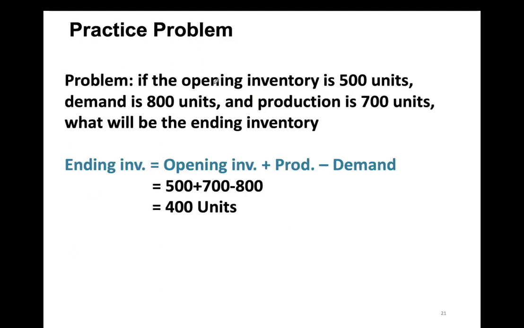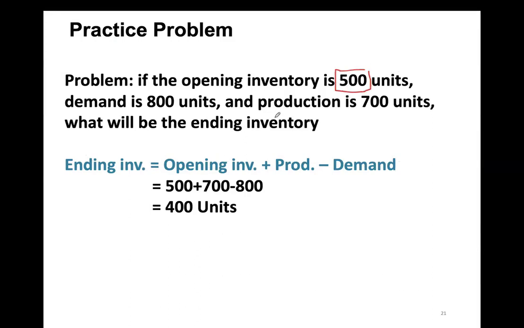Now here is an example. If the opening inventory is 500 units and demand is 800 units and production is 700 units, what will be the ending inventory? Again, we'll be using this formula, that's ending inventory is equal to opening inventory plus production minus demand, OPD. And opening inventory, we know it's 500 units.